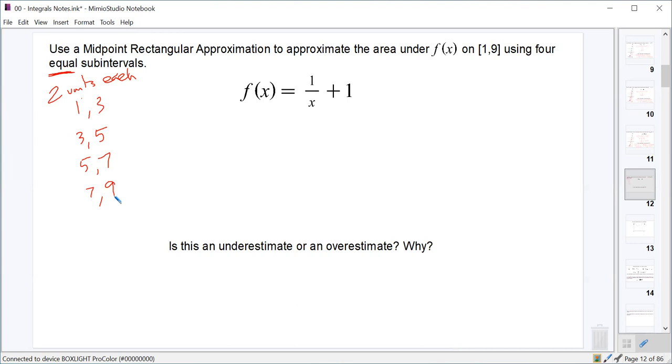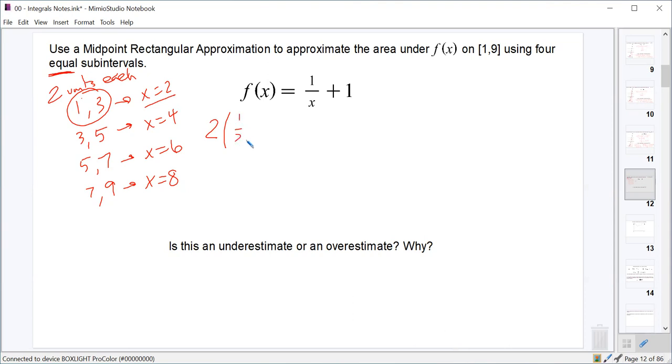And we're using a midpoint approximation, which means we need to use the height of the function at x equals 2, at x equals 4, at x equals 6, and at x equals 8, at the midpoints of each of those subintervals. And we'll note that the width of each of those rectangles is 2 units because we're going 1 to 3, 3 to 5, 5 to 7. So our first piece of this should be 2 for the width times the value of the function when x is 2.